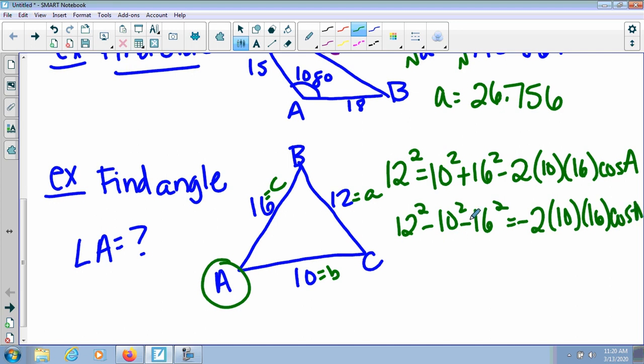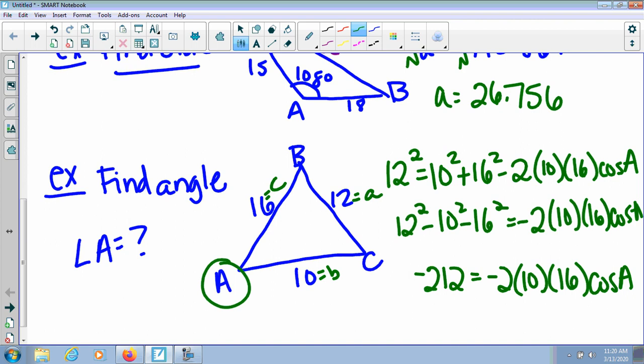Okay, so let's figure out what 12 squared minus 10 squared minus 16 squared is, sorry, not 15, 16. Minus 16 squared, and that is negative 212. Negative 212 is equal to negative 2 times 10 times 16 times cosine of A.